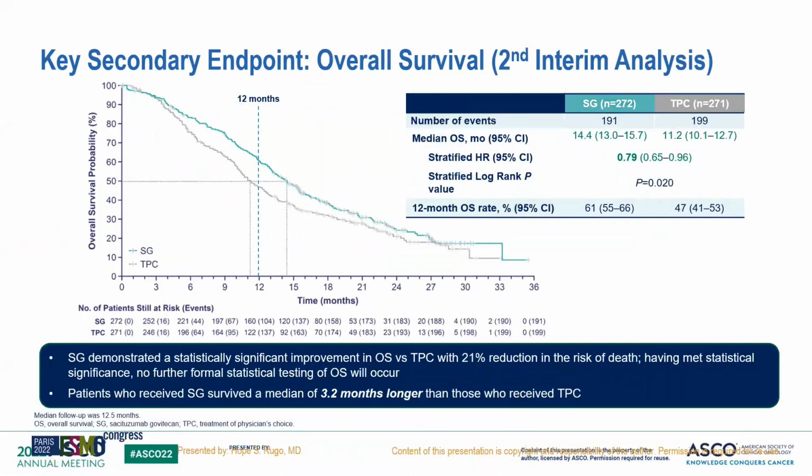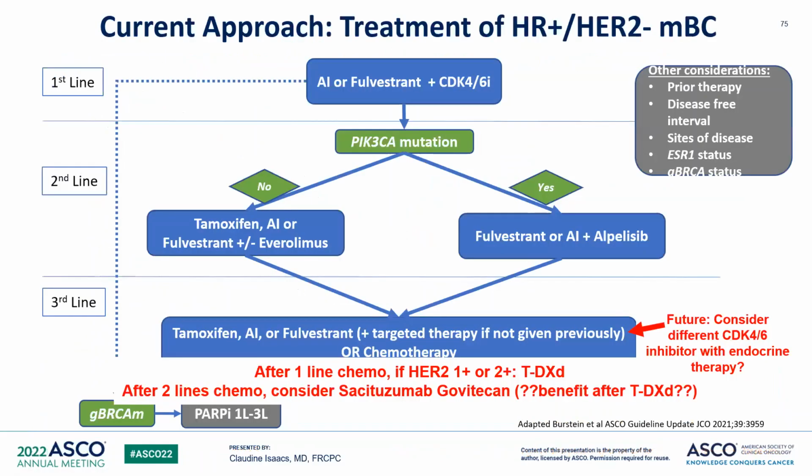But what is good is that 2 weeks ago now at the European Society of Medical Oncology, overall survival was reported, and it was improved by 3 months with the use of sacituzumab. Again, I think this will quickly make this drug a standard available drug in patients after their endocrine therapy has stopped working for them, after they've had chemotherapy.